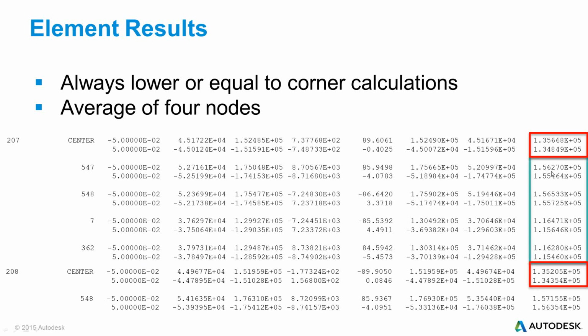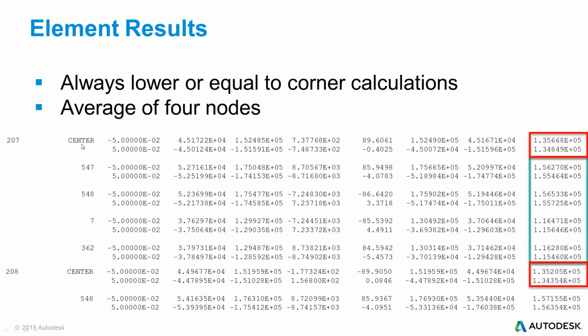Here's our 156 that was the high value, but it's being averaged with a couple down here that are 116, 115. So you average those together, you get about 135. So when I plot element results instead of nodal results, or element contour instead of nodal contour, my results are always going to be lower because I'm averaging the four nodes.